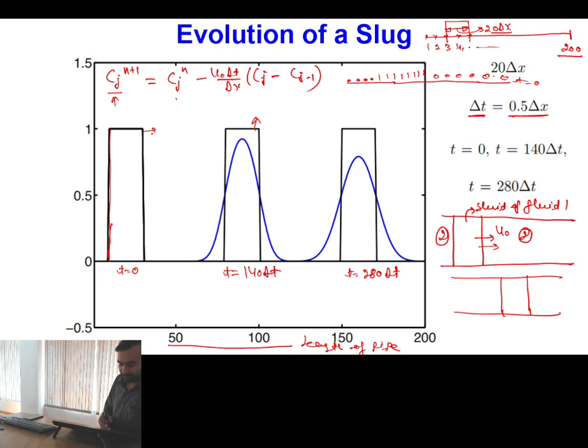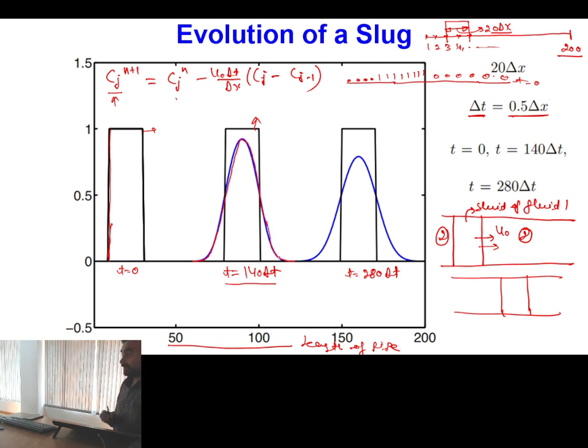Okay. But whenever we are marching the solution with time, and if we see at t equal to 140 delta t, what you are observing? Physically, this would have been the expected result, but numerically, this blue colored line is something which will be the distribution of the color function.